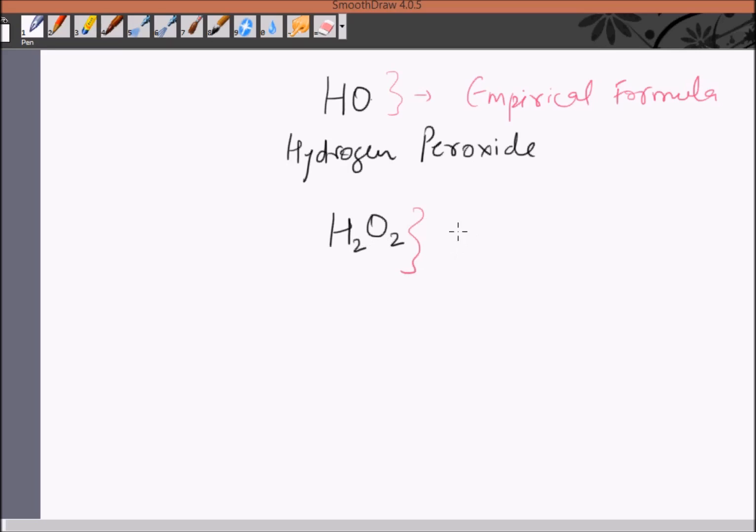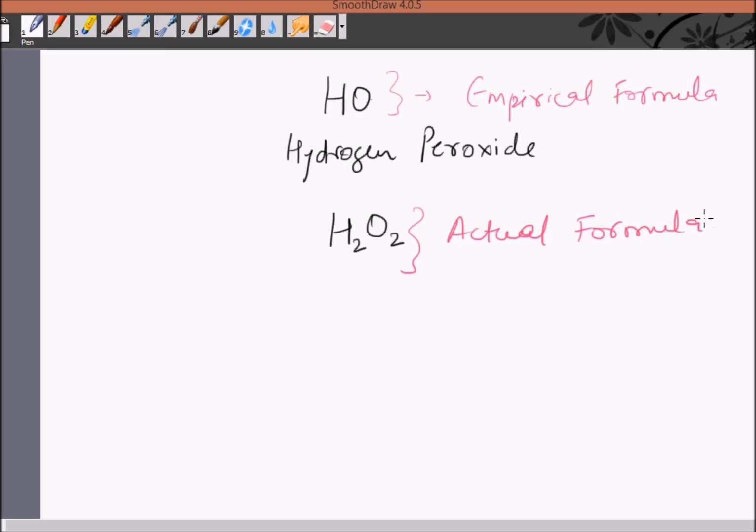And this is the actual formula of hydrogen peroxide. So this empirical formula shows that in a hydrogen peroxide molecule the ratio of H and O is 1:1. It does not show the actual number of hydrogen and oxygen atoms present in a molecule of hydrogen peroxide.